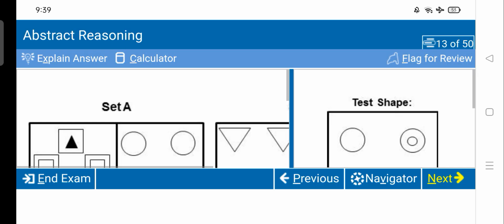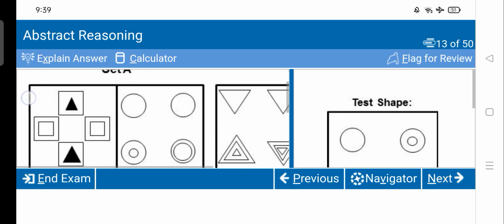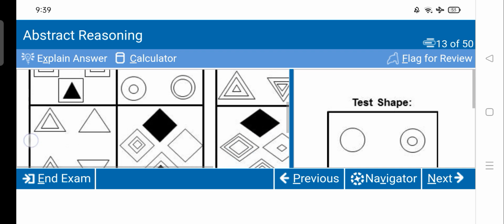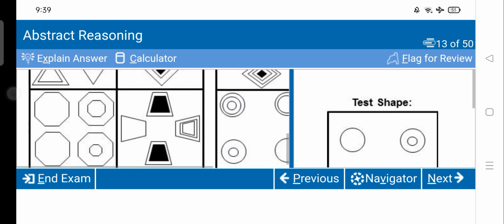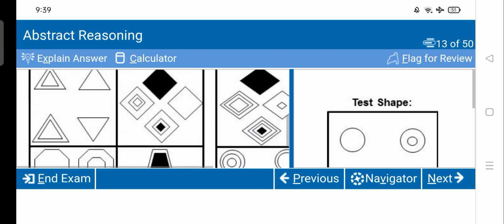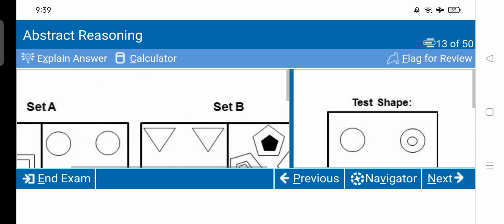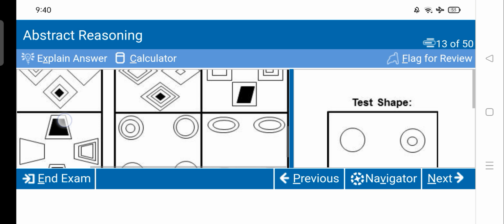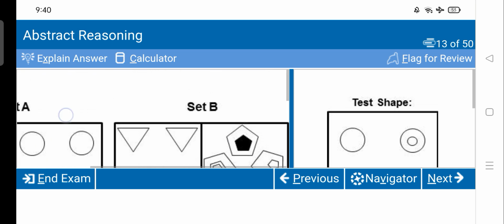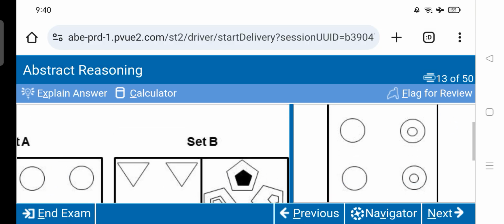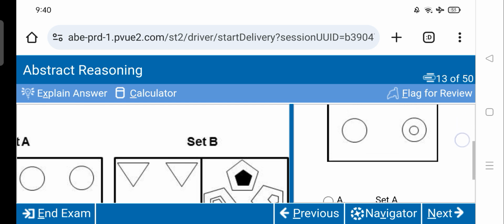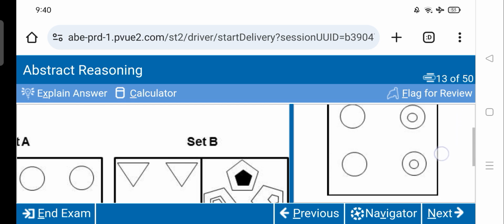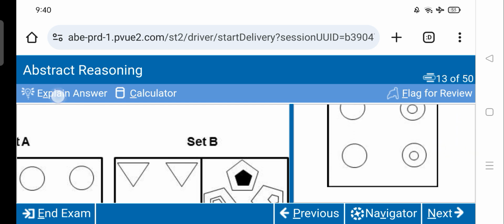Next we have question number 13 with the same shapes in set A, as you can see here. Then we have some shapes in set B. This is the test shape given to us and we have to select which set it relates to.